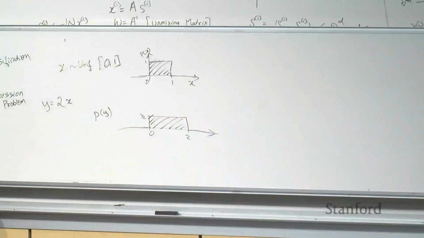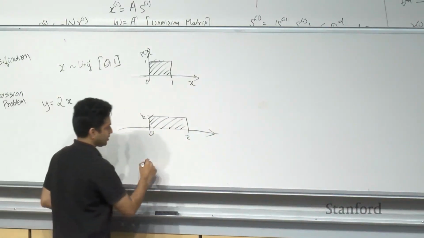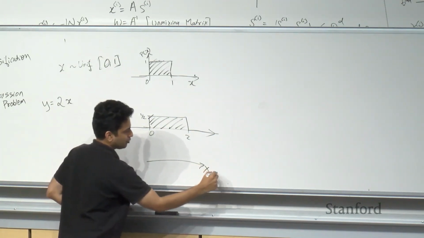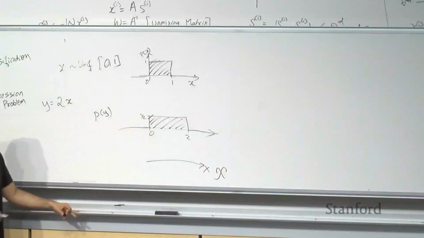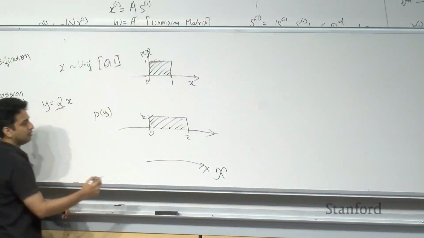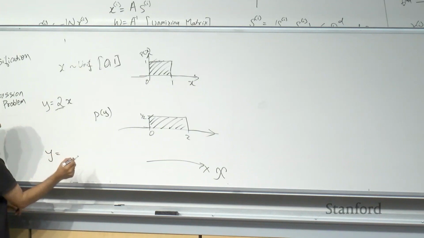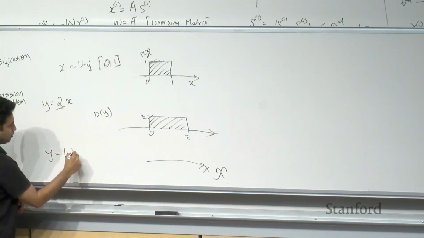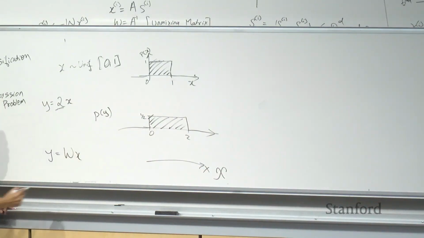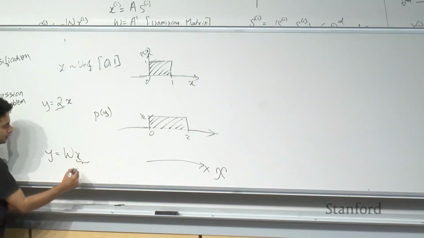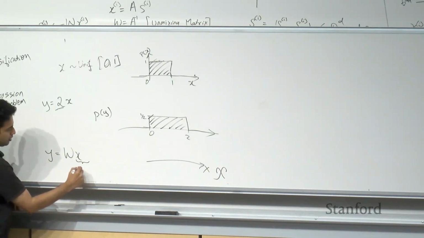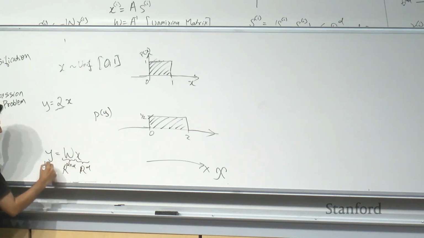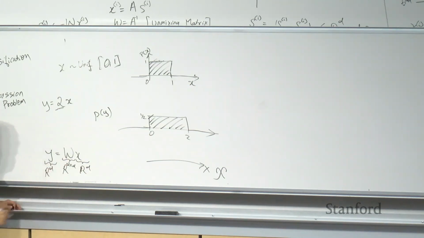Right? Now, what happens in a higher dimension? If x is, in general, instead of one axis, let's assume this is some script x, right? And instead of multiplying it by one scalar, we do y equals w x, where w is some matrix. Now x is in R^d, w is d by d, and y is again in R^d, right?